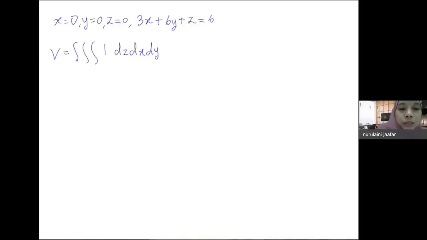What I will do is sketch the xy region. We have 3x plus 6y plus z, so we let z equal to 0. We will get 3x plus 6y equal to 6. And then we sketch.